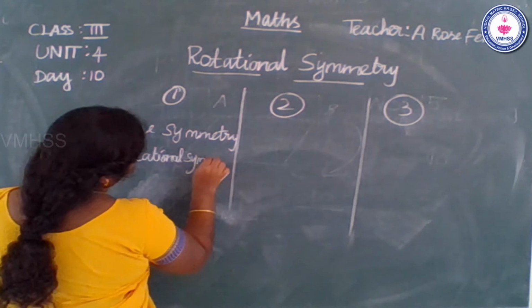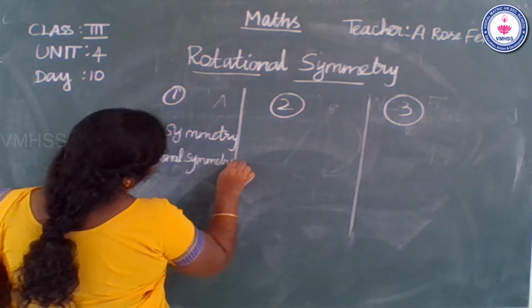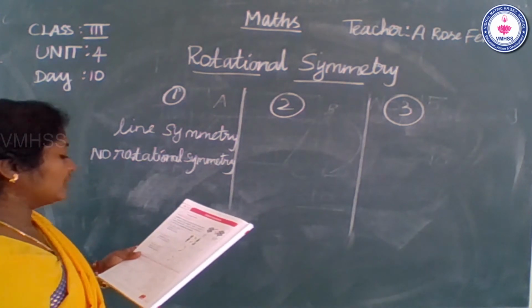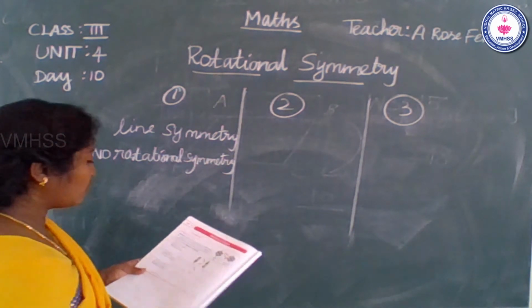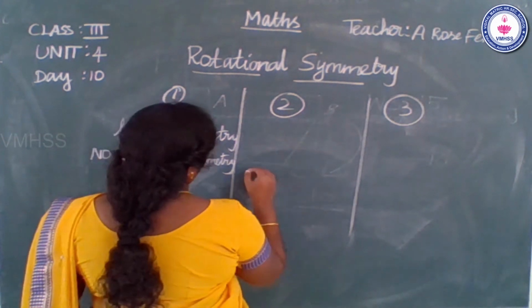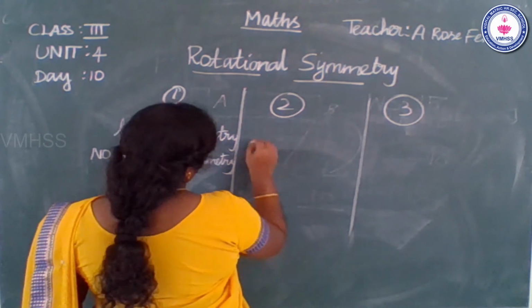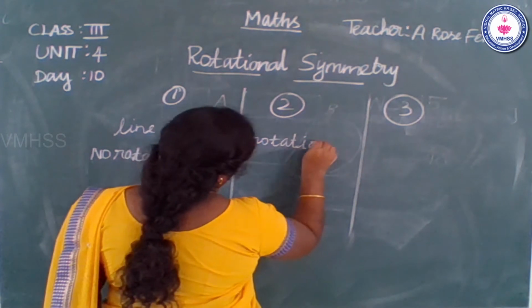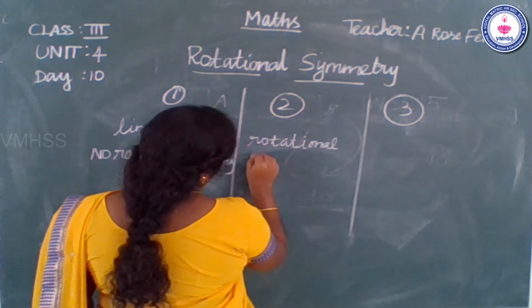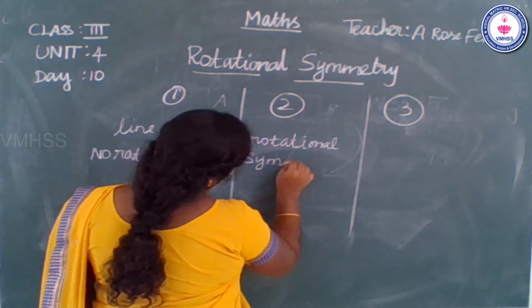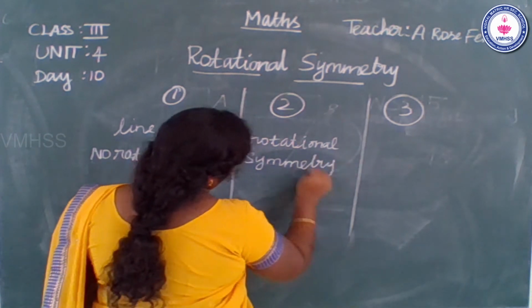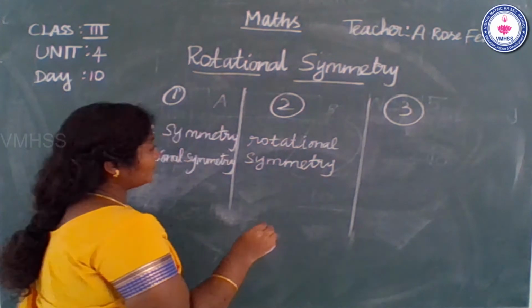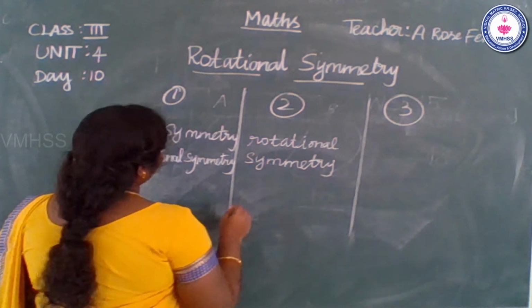Second picture, the object has rotational symmetry. So this is rotational symmetry, but no line symmetry.